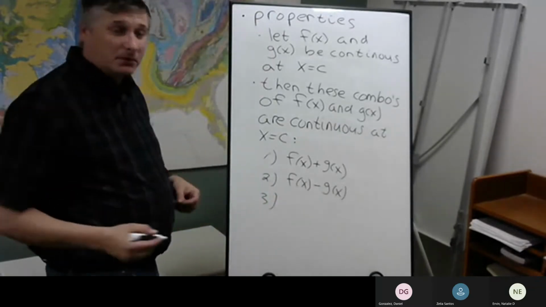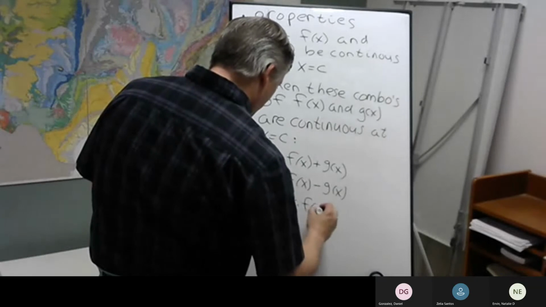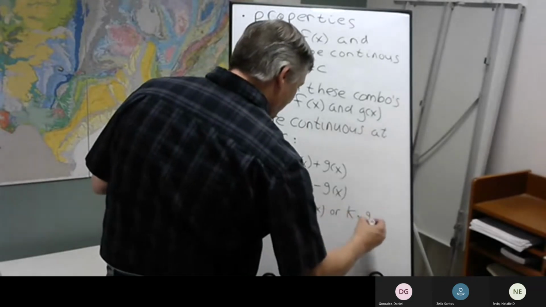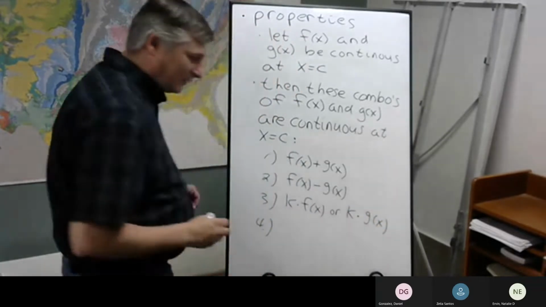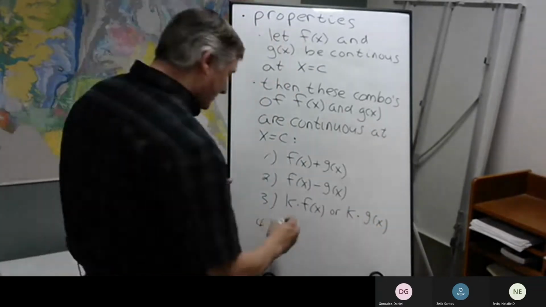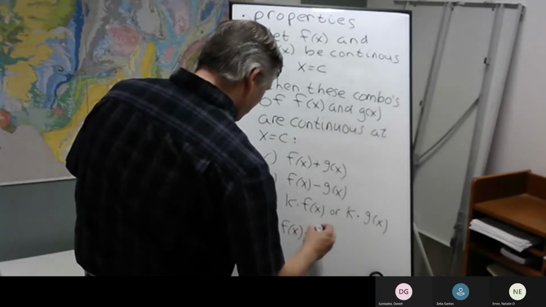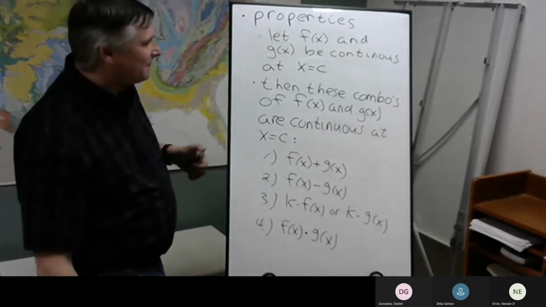a constant multiple of f of x or g of x. The product of f of x and g of x.